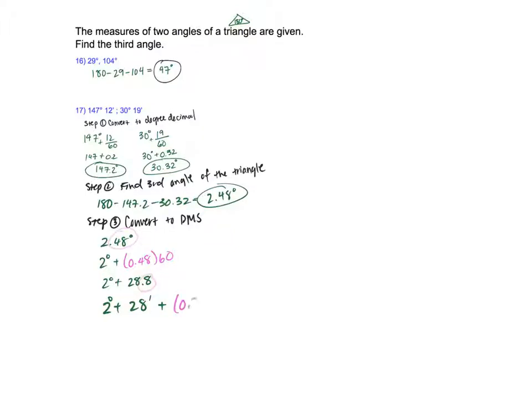That's 0.8 times another 60, which gives me 48 seconds. I don't think I have to round. That makes a perfect 48 seconds.